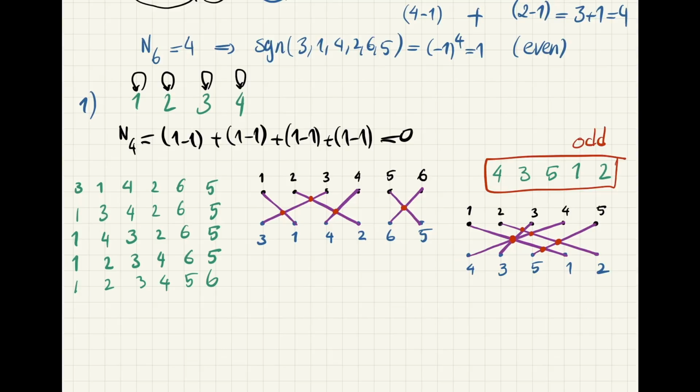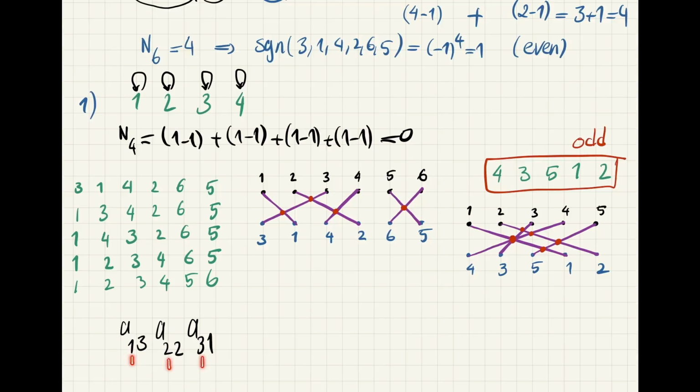So for example, assume that you want to know if this elementary product, A1 3, A2 2, and A3 1, in the definition of a 3 by 3 determinant comes with a positive sign or a negative one. So how should we do it? First of all we need to make sure that this is in order.